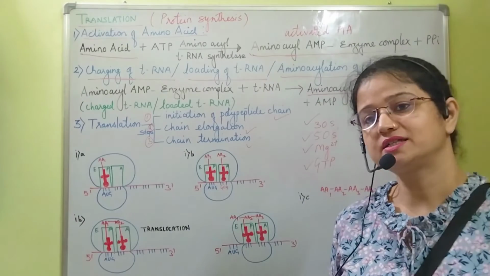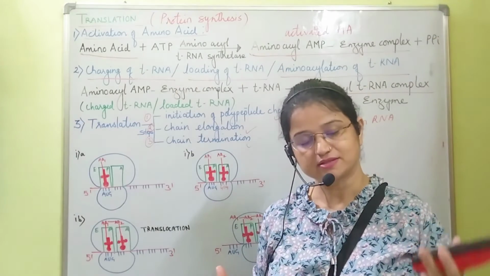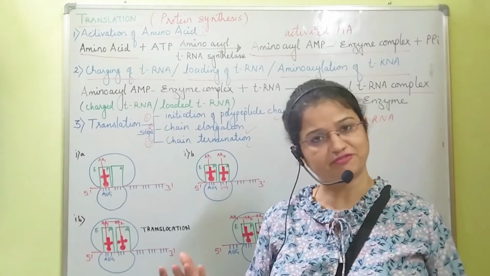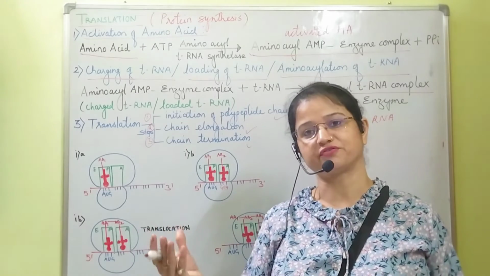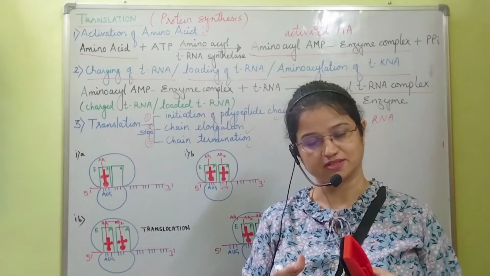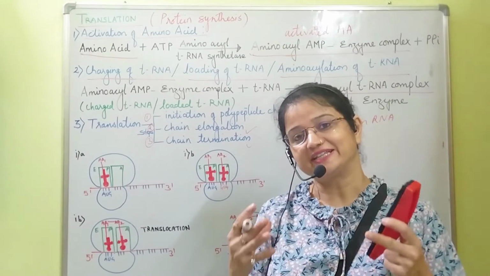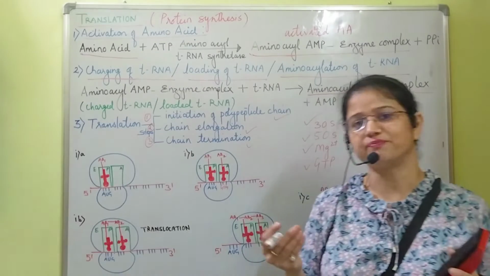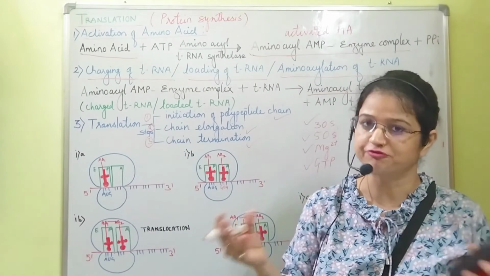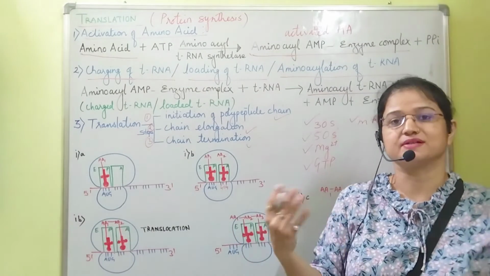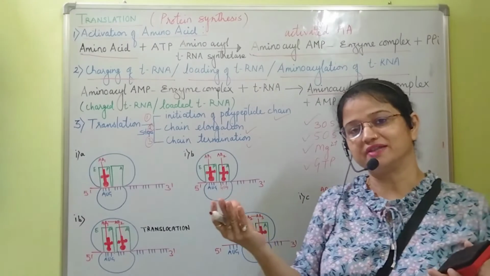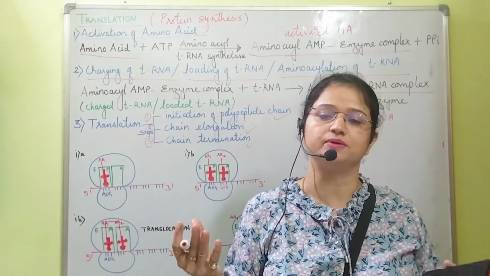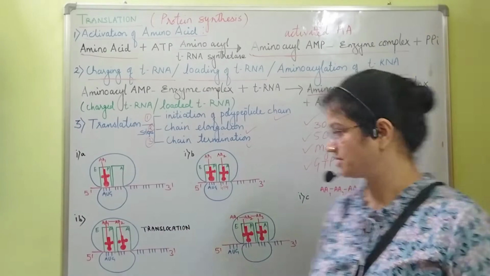We know that the 2 subunits, the larger and the smaller, remain free, but during the process of translation they get united, and for that they need the magnesium ion. If the amount of magnesium ion is less, they remain free, and when it is present in more than the needed amount, there will be dimer formation.